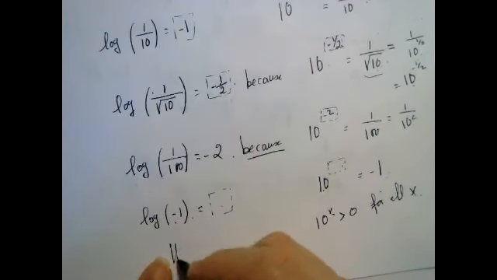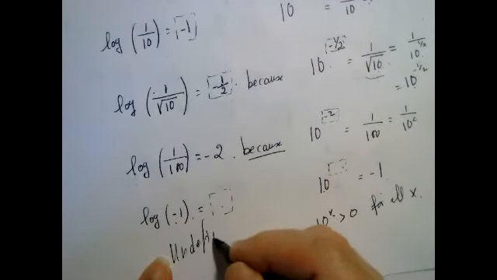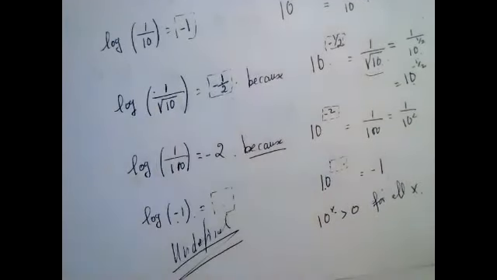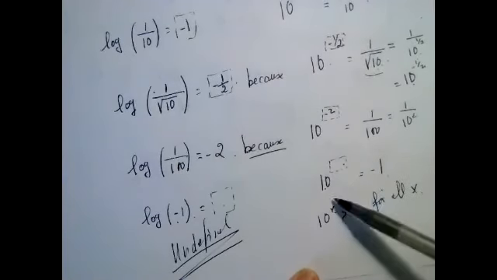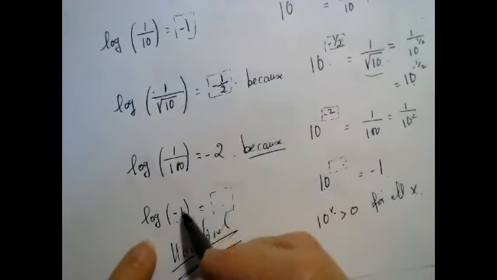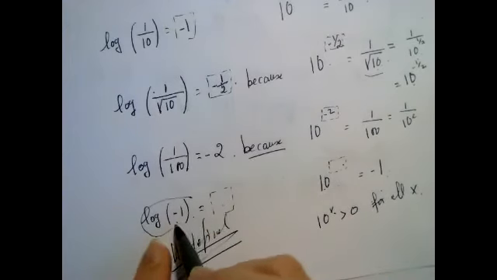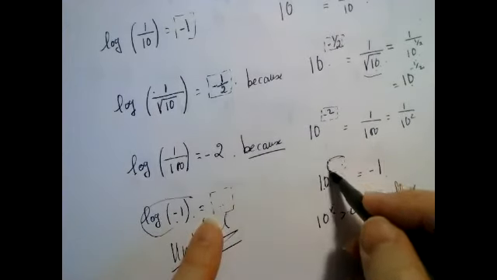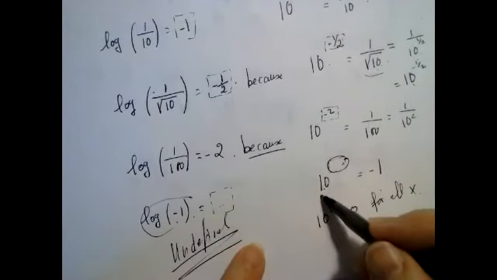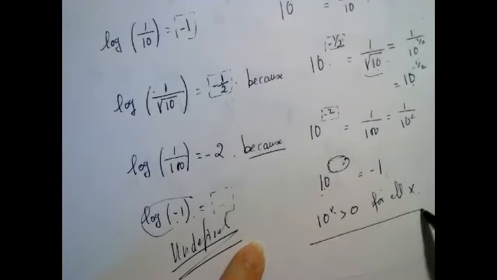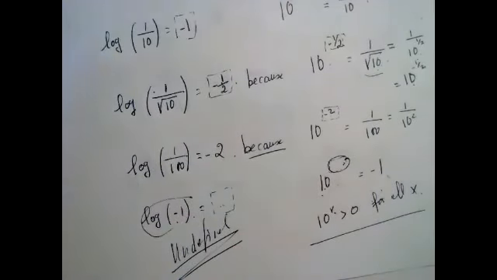The output of the log is the power, so the question is, can you find a power of 10 that gives you -1? Absolutely not. So this is undefined.